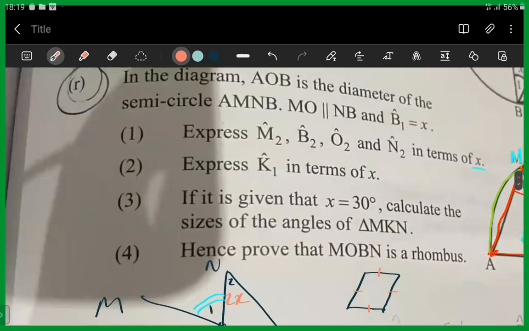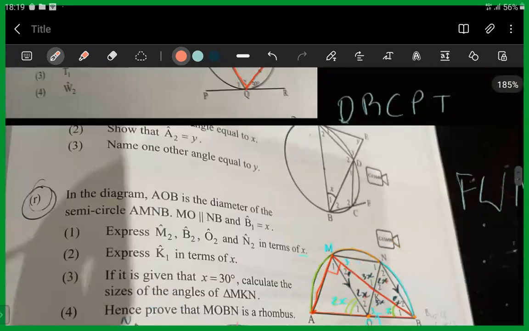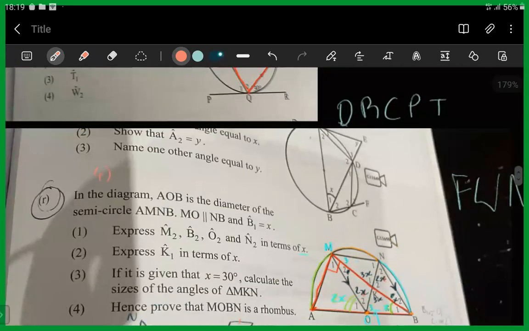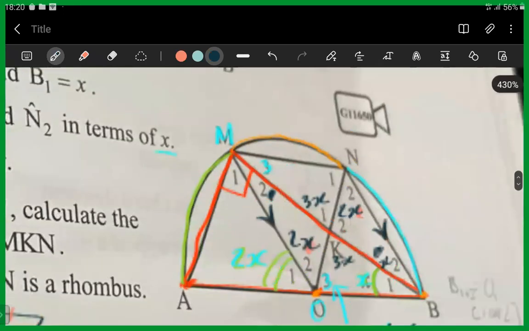In this question, question number 4, OB is equal to OM because they are radii. So that covers half the job.